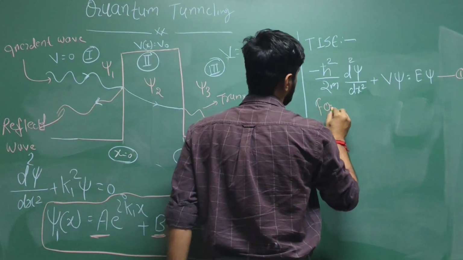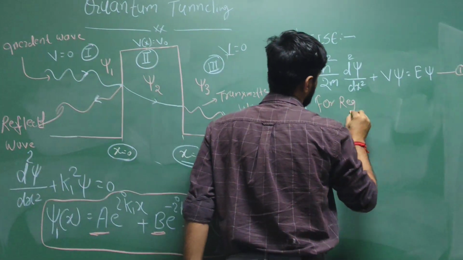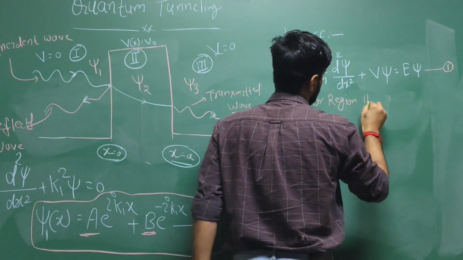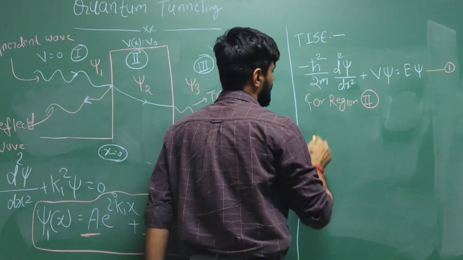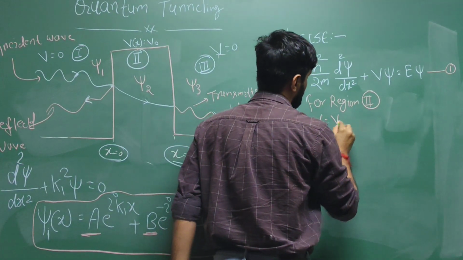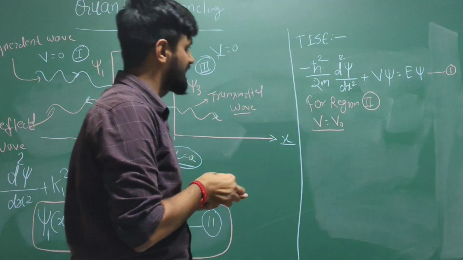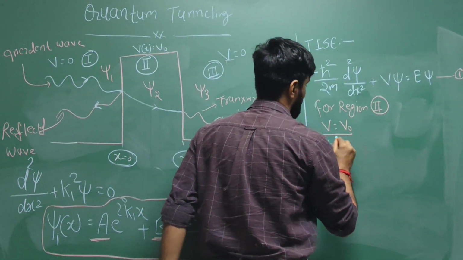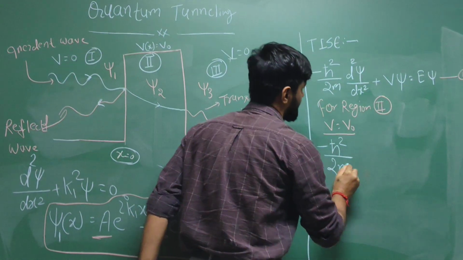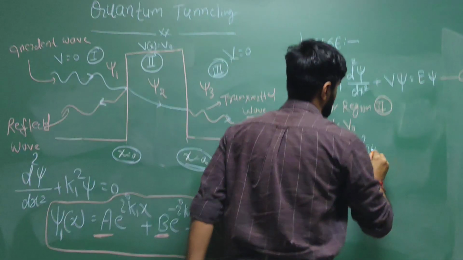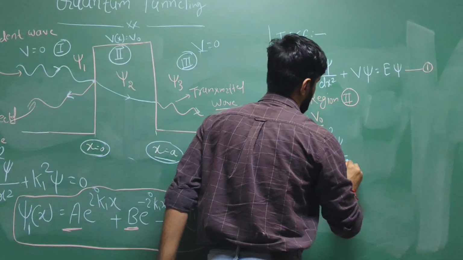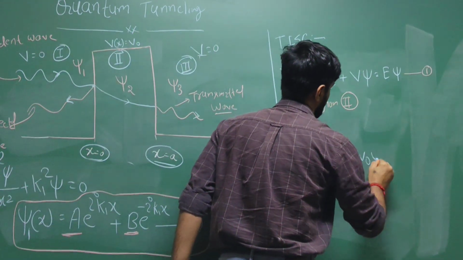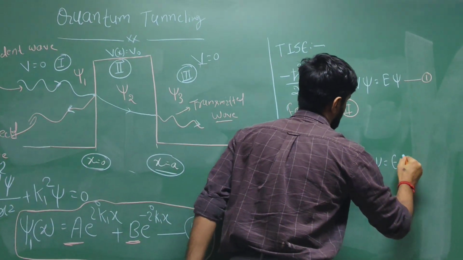So let's say for region 2, V is equal to V naught. Is that clear? From the boundary condition. So once you substitute these things in the above equation, it can be written as minus h cut square divided by 2m d2 psi by dx square plus V naught psi equals E psi.